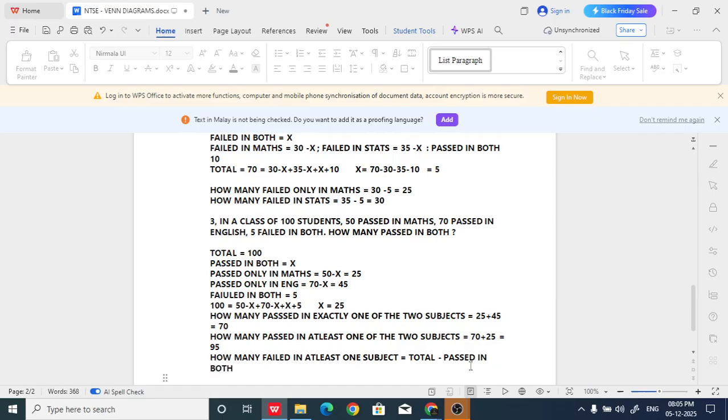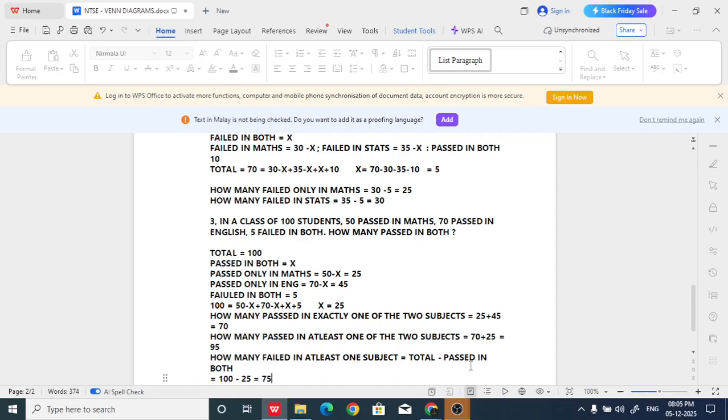Total is how much? 100. And how many students passed in both? 25, sir. So you have to subtract 25. So 75 have failed in at least one subject.